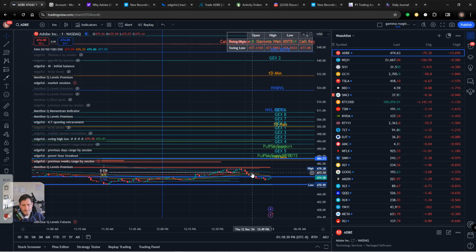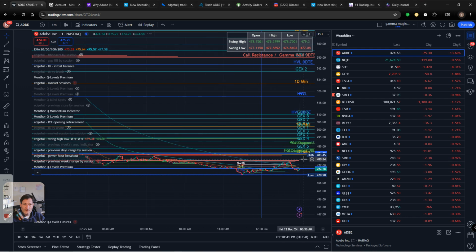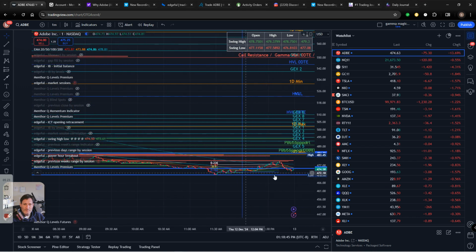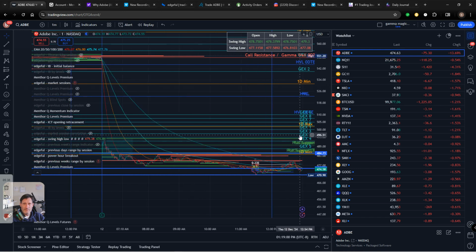So may have been a little too ambitious with the profit target, but I still feel like there's a lot of room. If this 470 does hold and we get a close above the 475 here tonight, I feel like there's a lot of room to retrace back here.